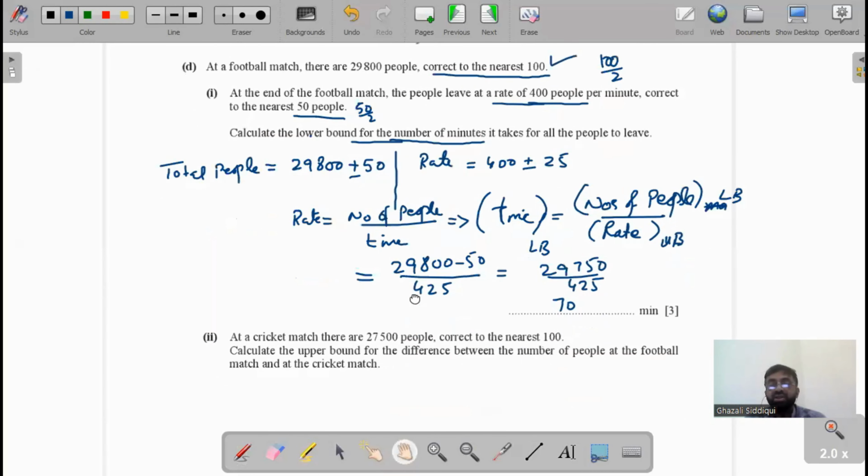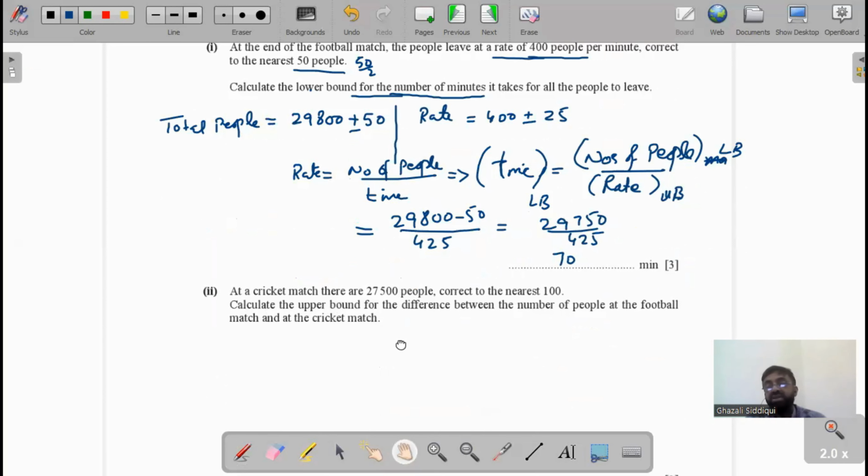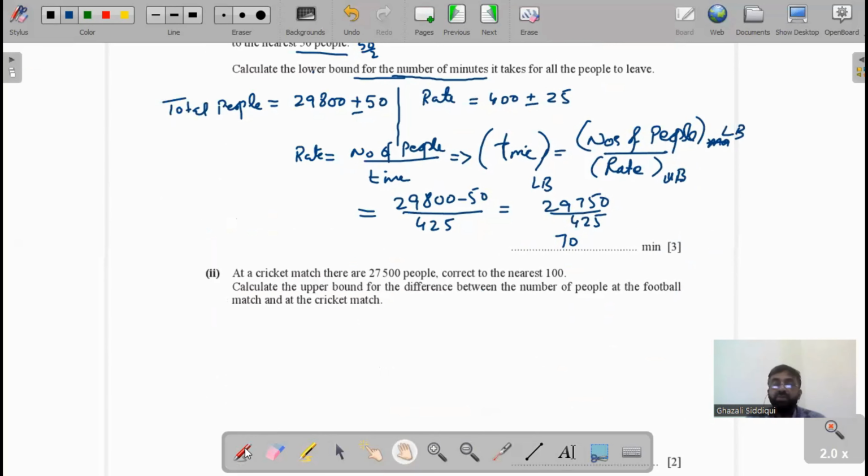Now the next part. At a cricket match, there are 27,500 people, correct to the nearest 100. Calculate the upper bound for the difference between the number of people at the football match and the cricket match.